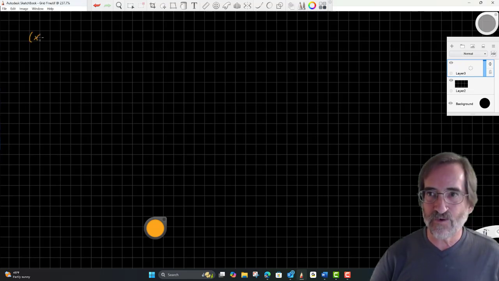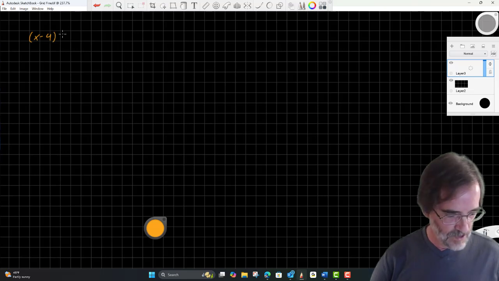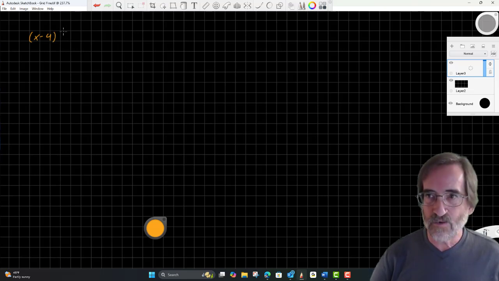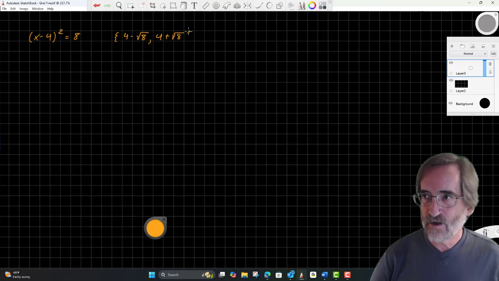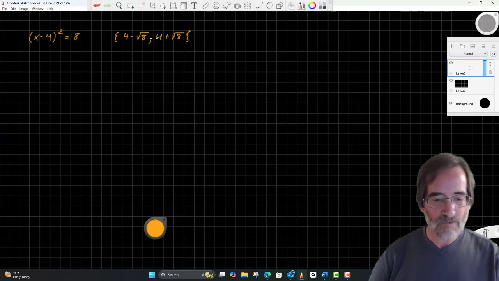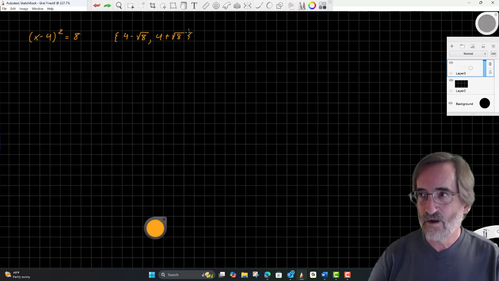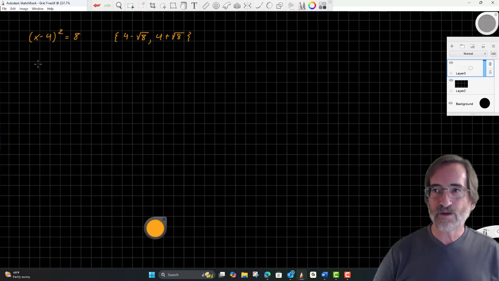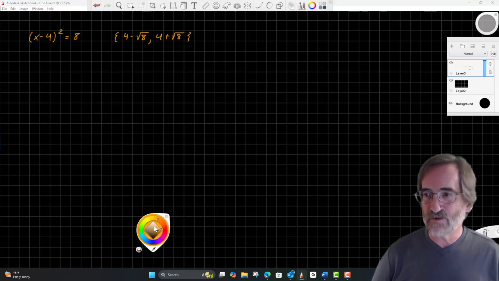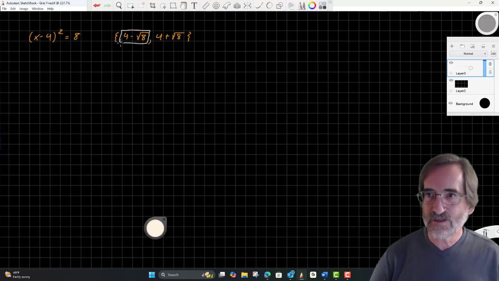X minus 4 squared equals 8. And this time the solution set looks like this: 4 minus square root 8 and 4 plus square root 8. Okay? So we substitute the whole expression 4 minus root 8 in for x.